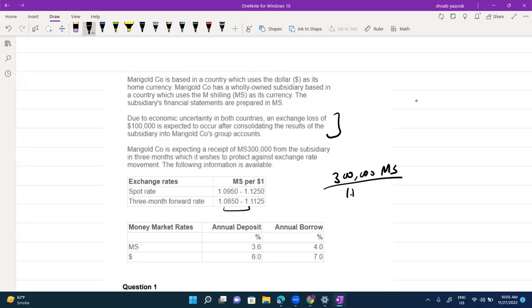Higher. So what should be the answer? Please tell me. 269662. Excellent.